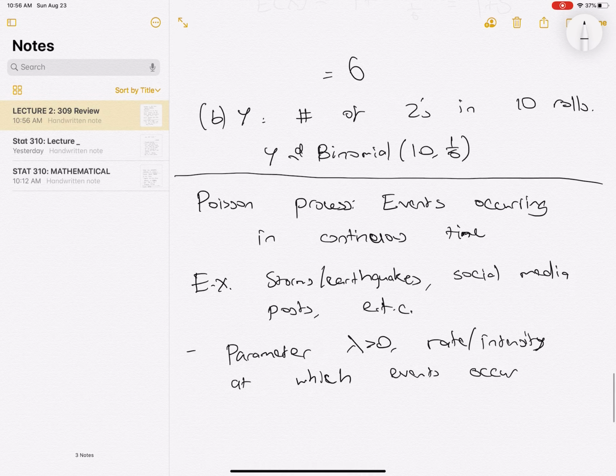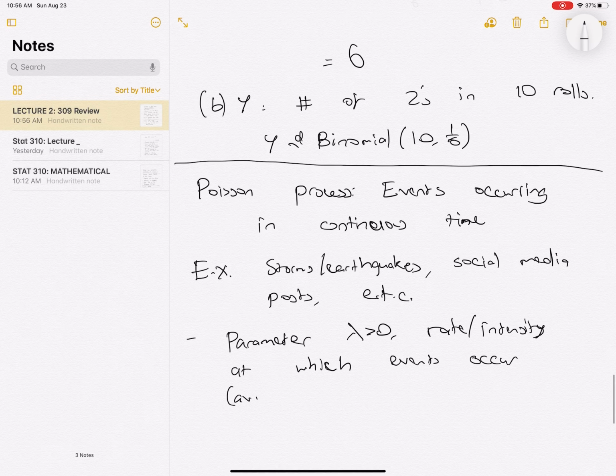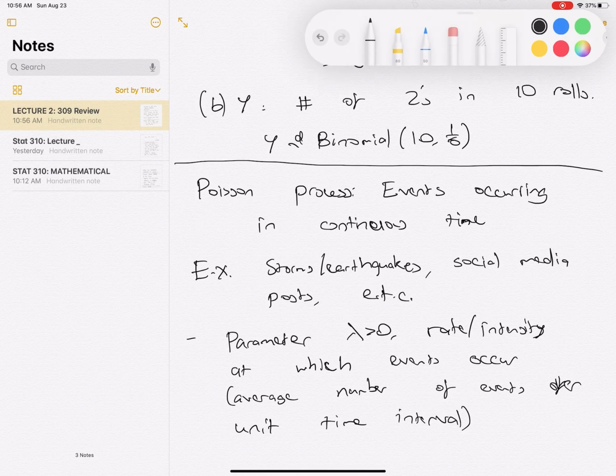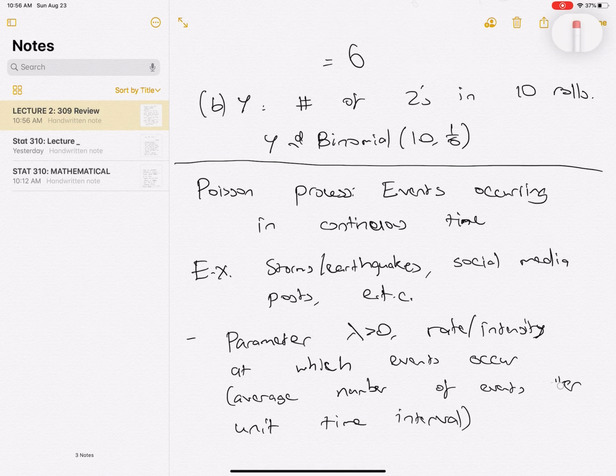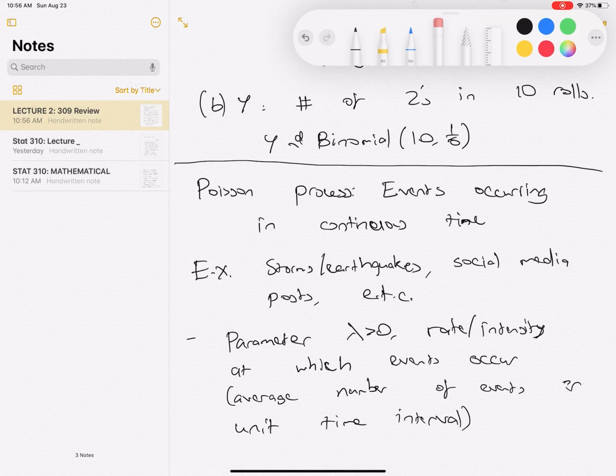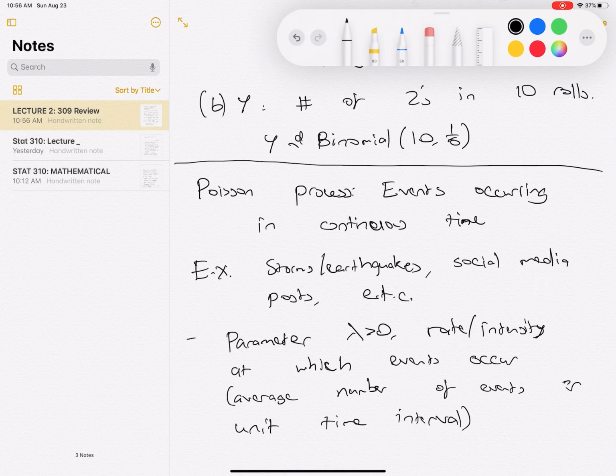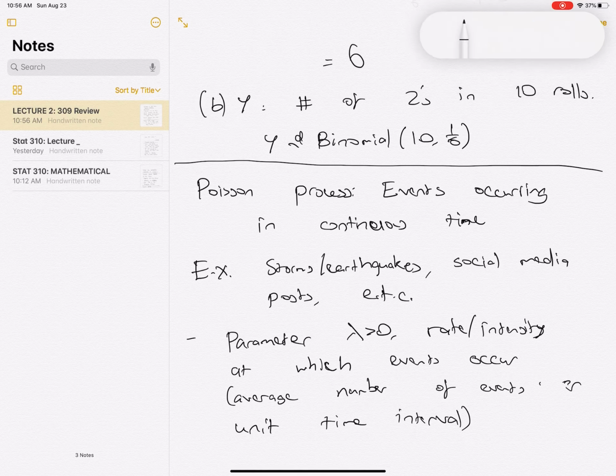So you can think of this as the average number of events over a unit time interval.